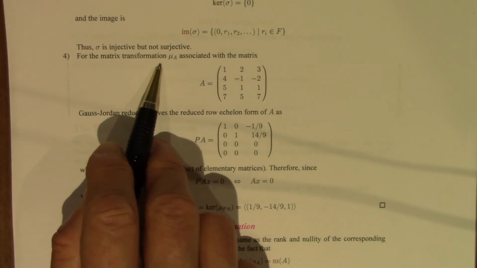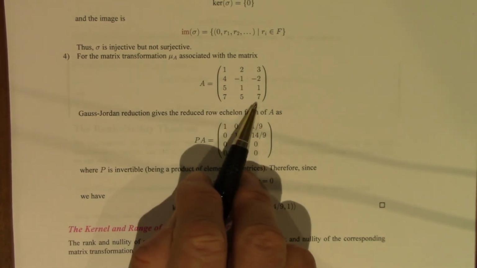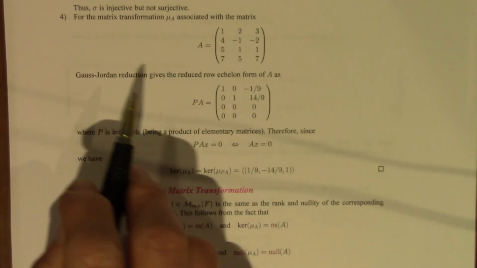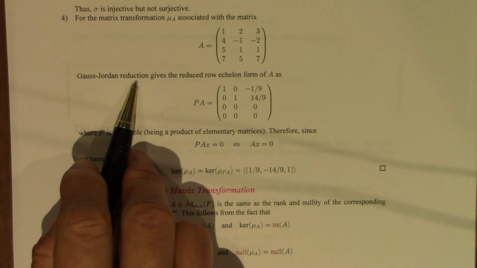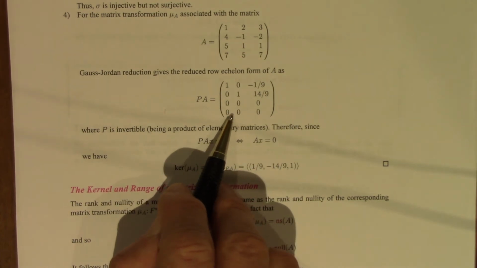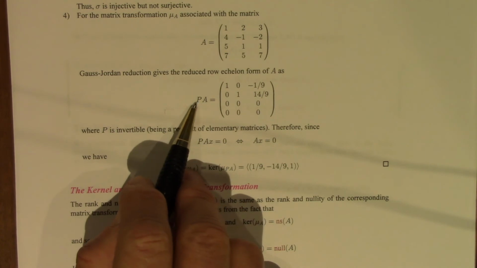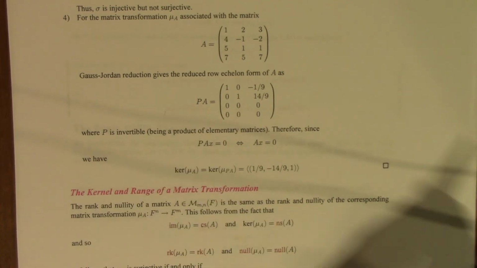For a matrix transformation mu sub A, here's an example of this particular matrix. To find the kernel, we perform some reduction to produce a matrix in reduced row echelon form. So it's PA, where P is invertible.